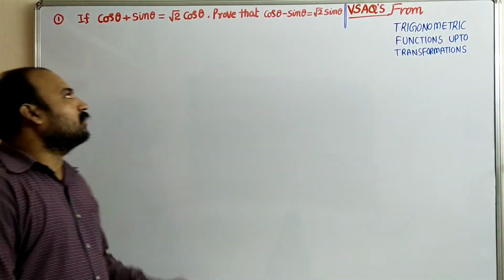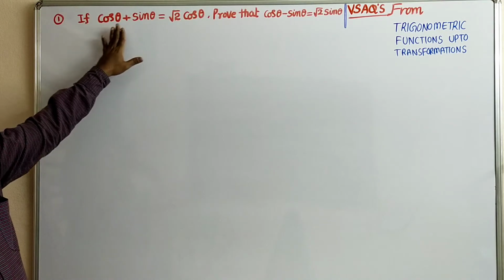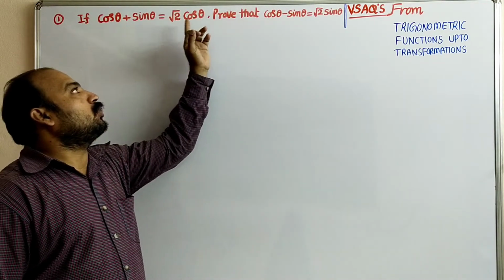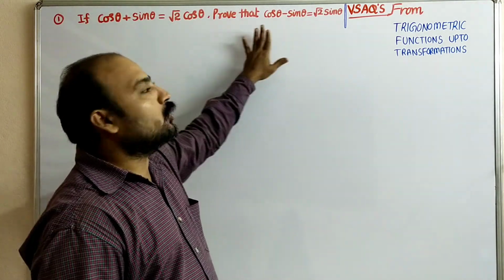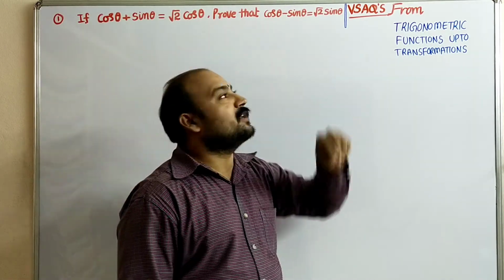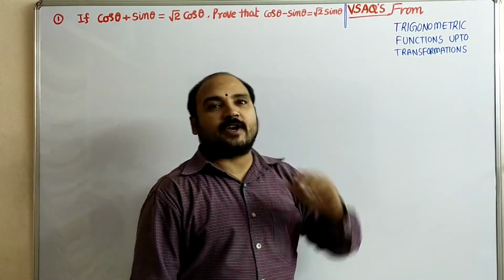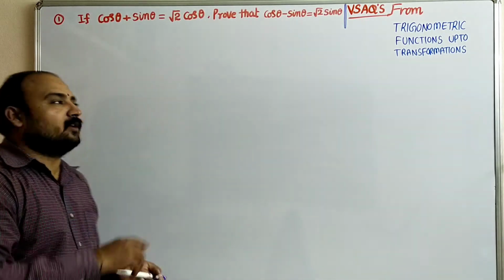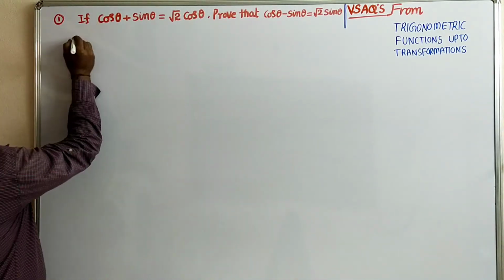The first question here. If cos theta plus sin theta equal to root 2 cos theta, then prove that cos theta minus sin theta equal to root 2 sin theta. First, given.